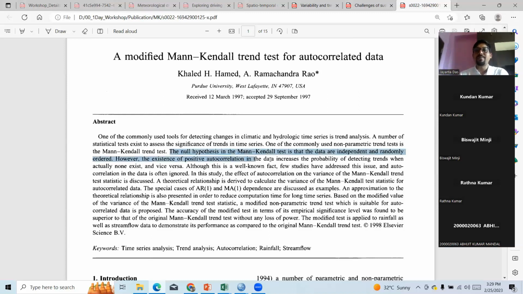The null hypothesis of the Mann-Kendall test is that data are independent. It's the most important part. That is, when data are not serially correlated, the data are independent. So we have to check whether data are independent or not. Then independent and randomly ordered.